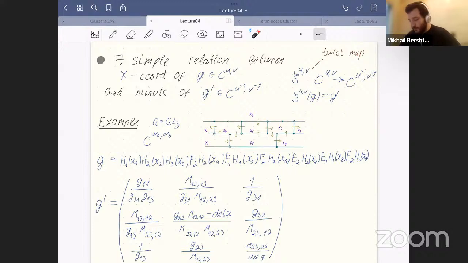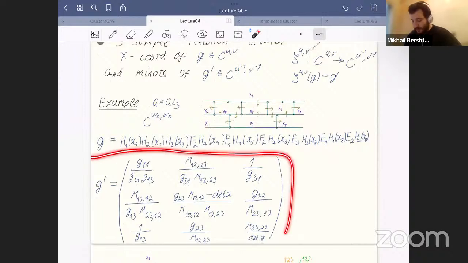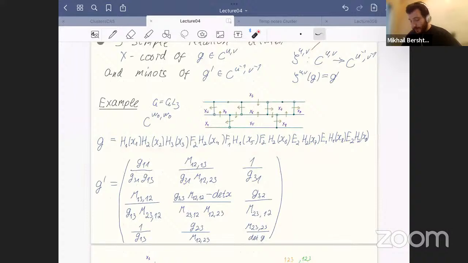Okay, now the most non-trivial formula in this example is this G prime. So we take matrix G and then construct another matrix G prime, which consists of some minors of G which are used this way.